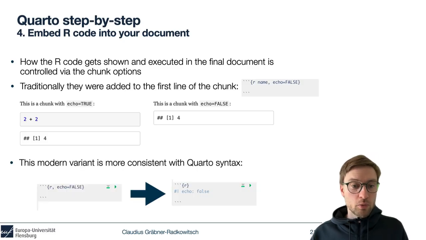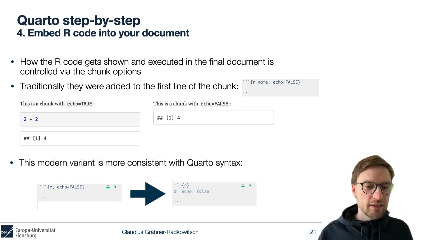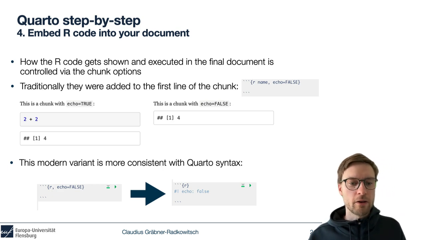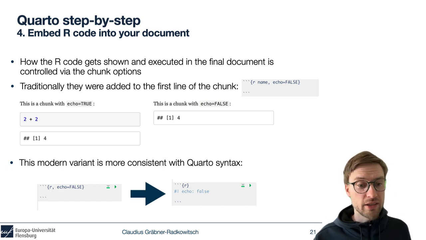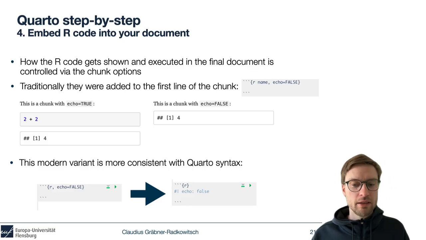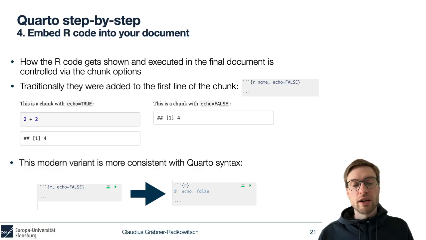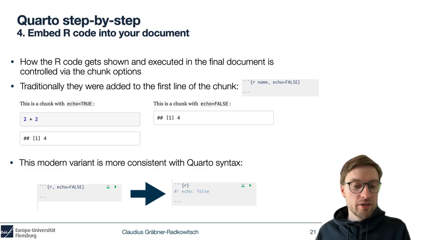There's also a more modern variant that is more consistent with the general Quarto syntax, and this is not to put the options in the first line within the curly brackets, but to write them within the chunk itself using a hashtag followed by a pipe. Note that if you use the traditional way, you are writing in classical R syntax.